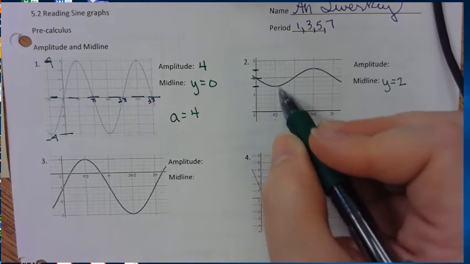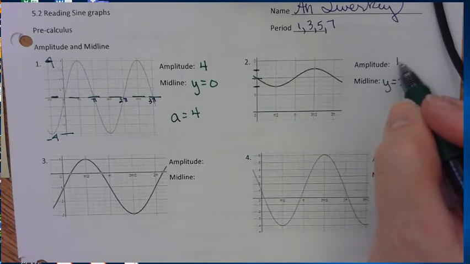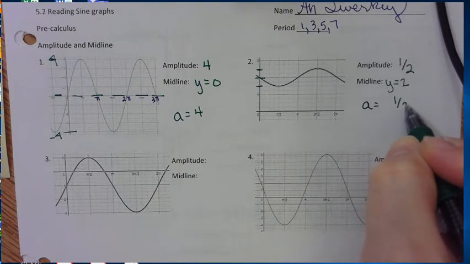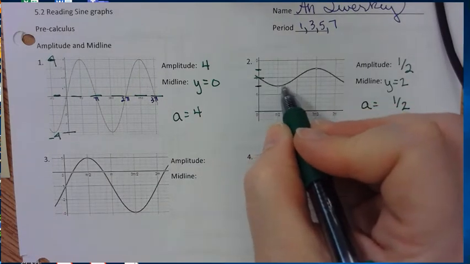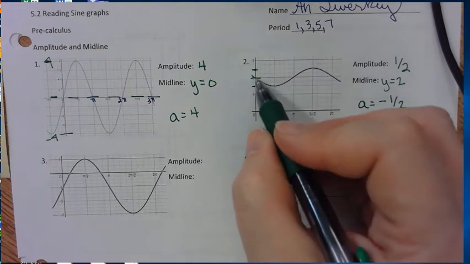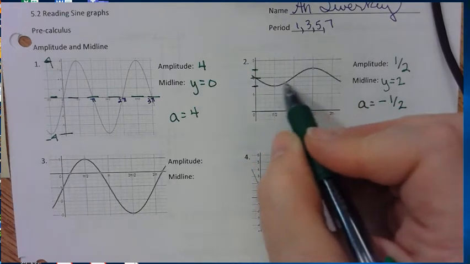It only goes up and down a half, so the amplitude is 1/2. However, on this one, A is not simply 1/2 because it starts out going down and then up. It's a -1/2.